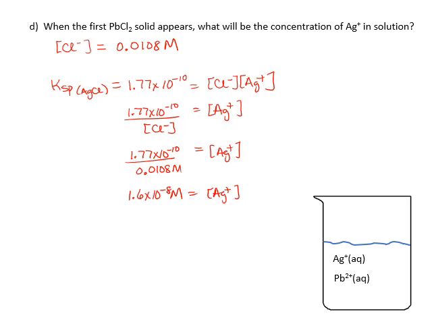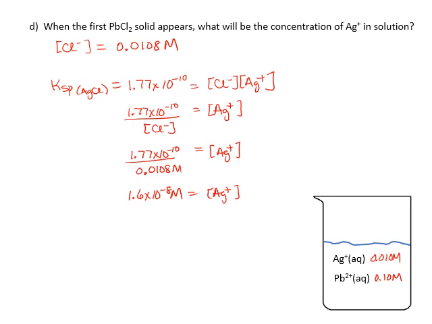Why would we be interested in this number? Remember that we started with 0.01 molar of the silver ions, and 0.1 molar of the lead 2 plus ions.